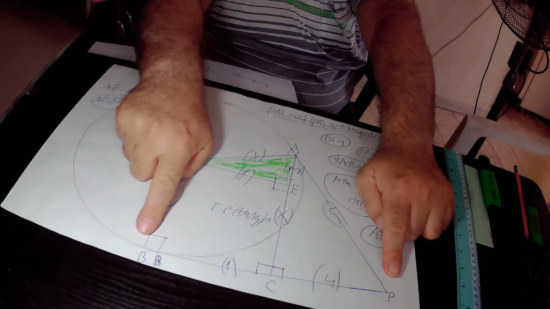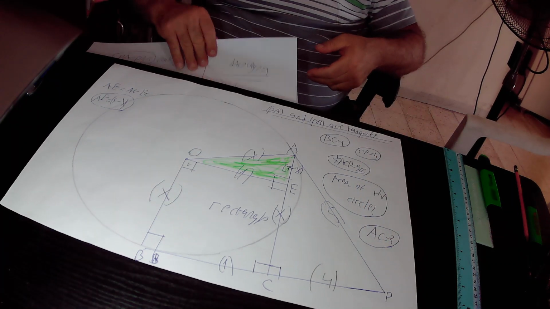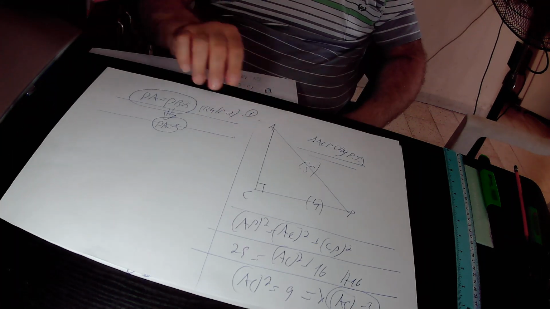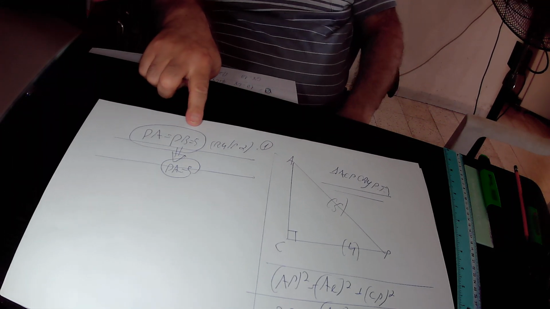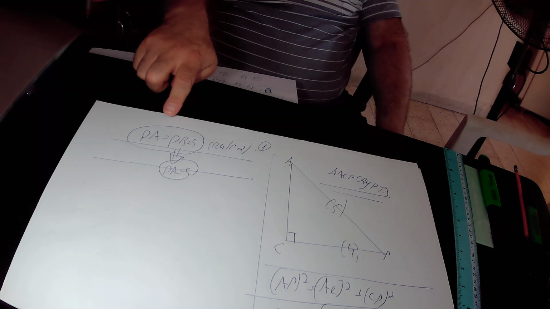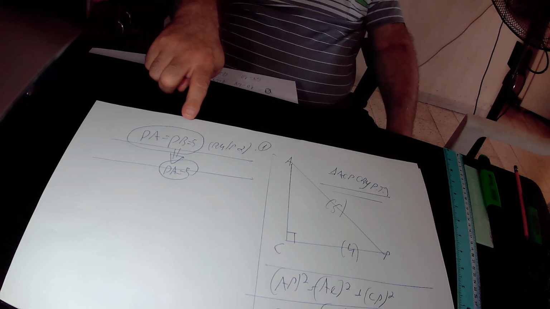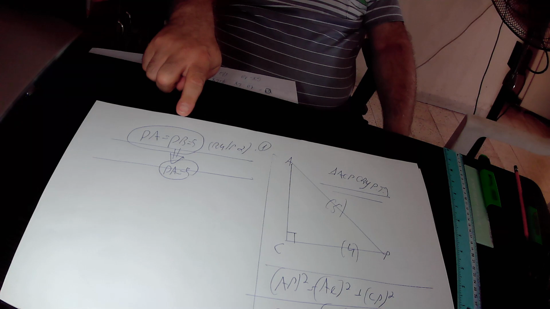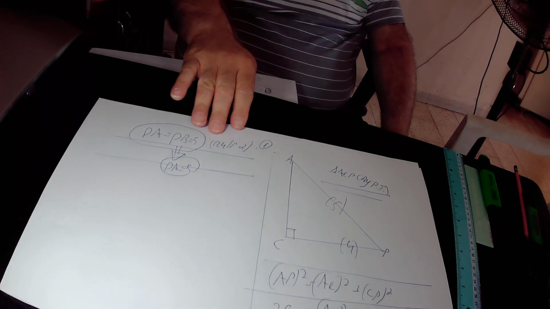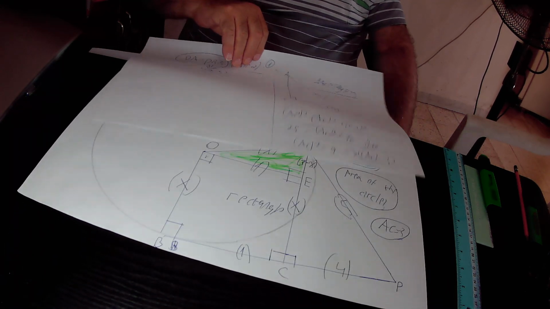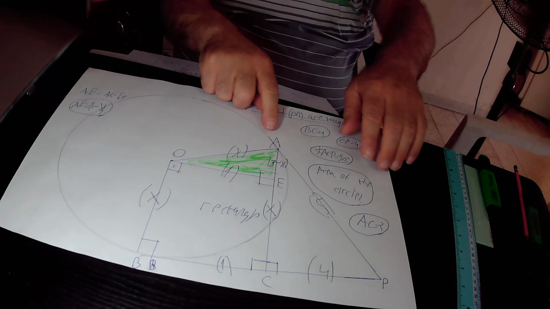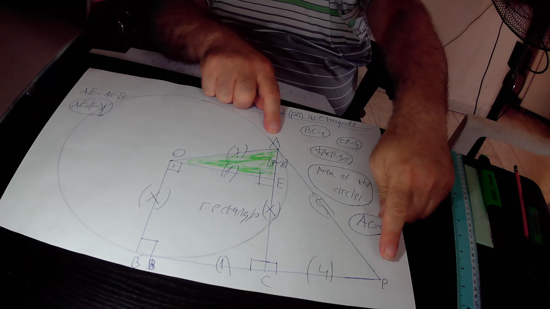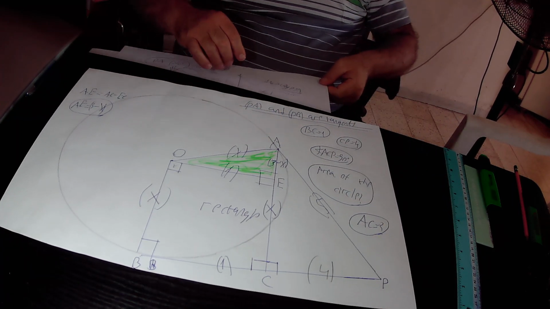Again, PB equals 5. And since PA equals PB equals 5, we derive that PA equals 5 units in its length.